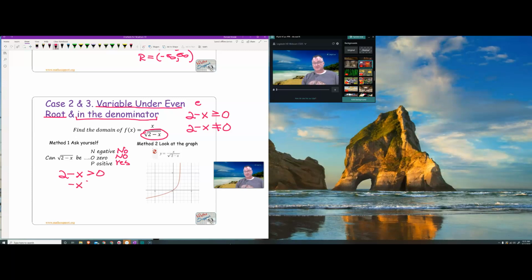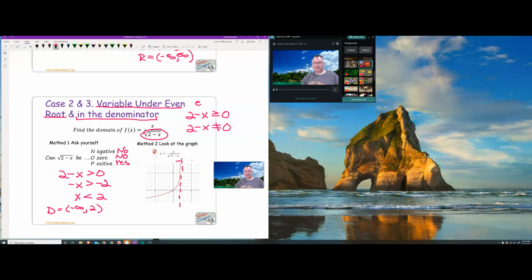And then when we solve this, subtract 2, divide by negative 1, flip the inequality, and I can see that the domain is x less than positive 2. Okay, so my domain here would be from negative infinity up to, but not including, 2. And you can see that in the drawing here. There's a vertical asymptote at 2, so my domain doesn't go past that.